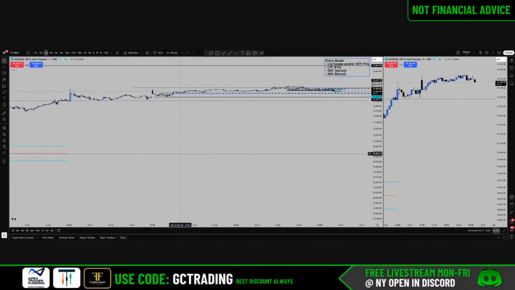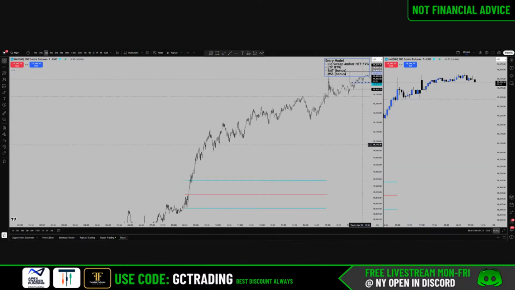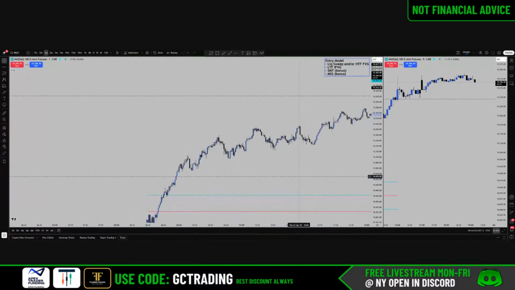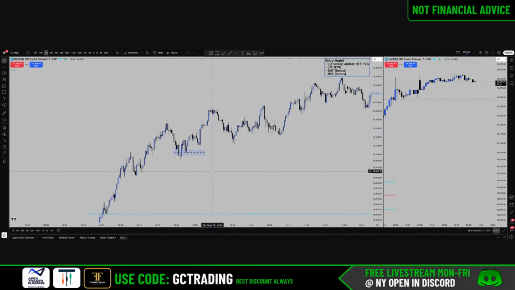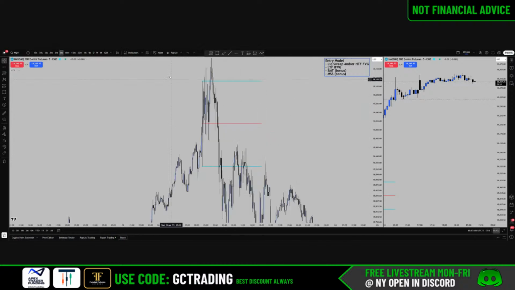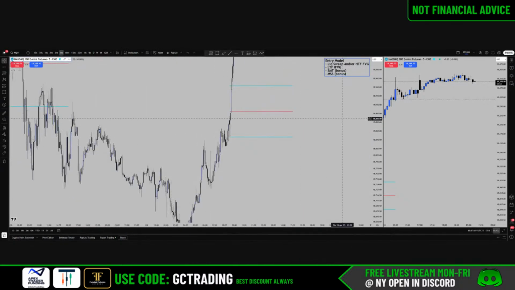Really the only entry that I could have taken this morning, I'm pretty sure it was this fair value gap inversion right there. If we go to the 5 minute, where is it?